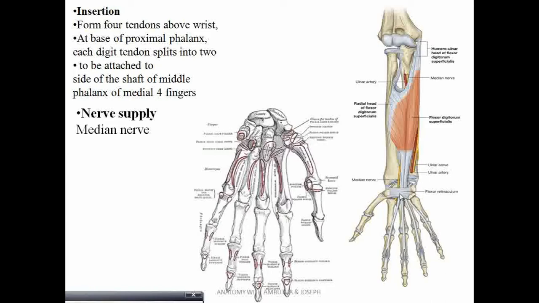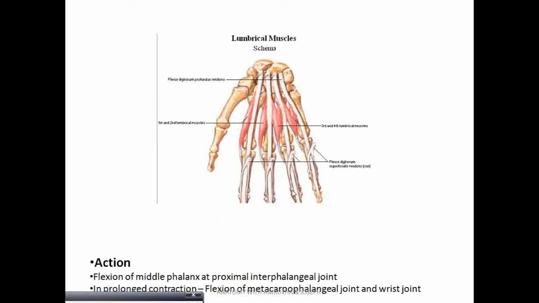But remember, it does not give any tendon to the thumb. Nerve supply is the median nerve. The median nerve has a close relation with flexor digitorum superficialis, and it supplies it. So these are the insertion points of flexor digitorum superficialis. Action: flexion of the middle phalanx at the proximal interphalangeal joint.